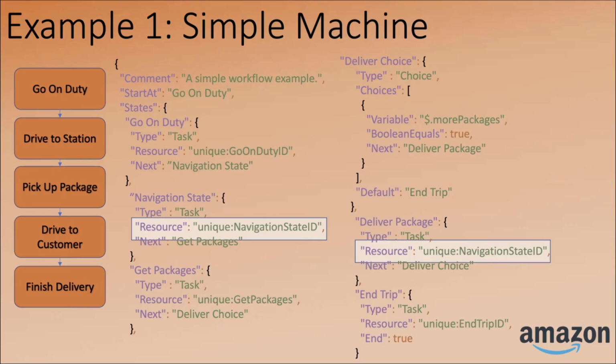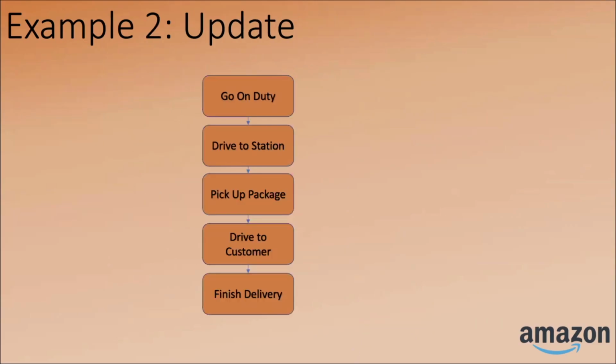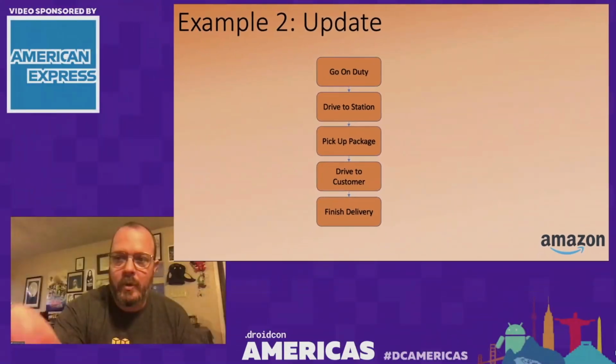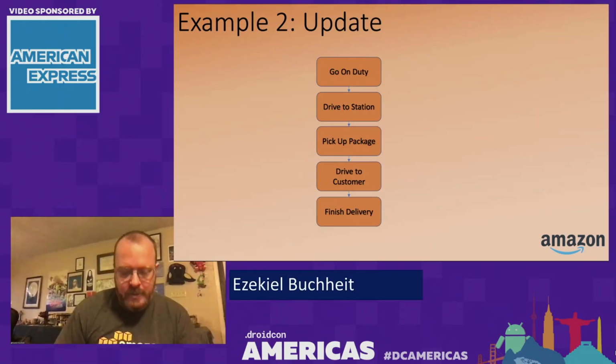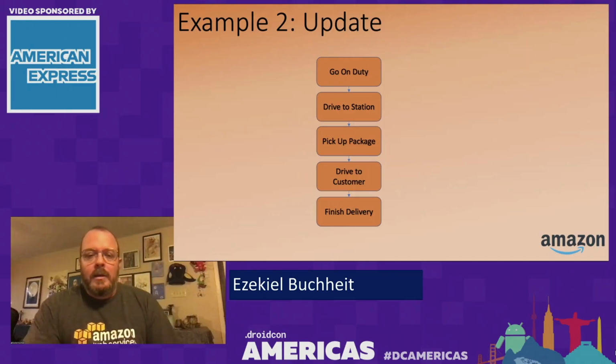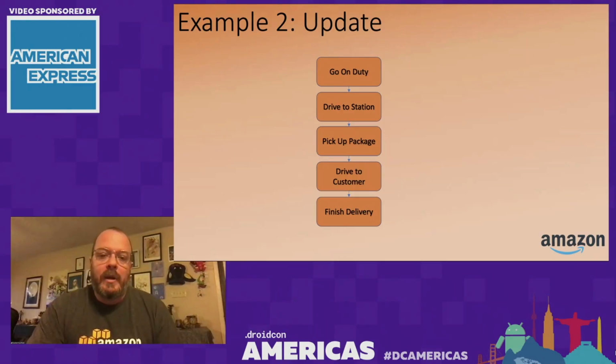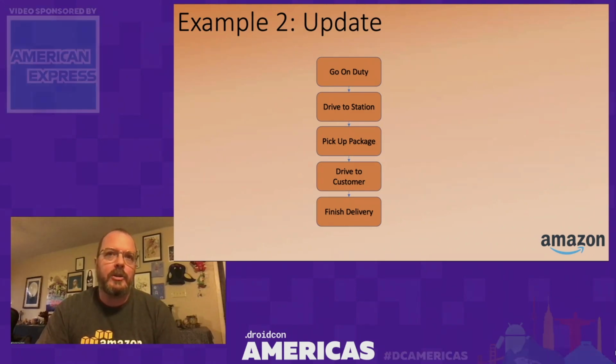All right, let's go to one more example here. We've got our same state machine. We've got our workflow. You're going on duty, you're driving to a station, you're picking up a package, you drive to the customer, et cetera, et cetera. So let's suppose in this situation, we find that our drivers are running into a unique issue and they need a little more training to know how to deal with streets that are changing.